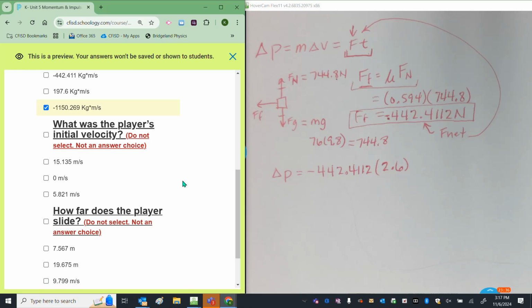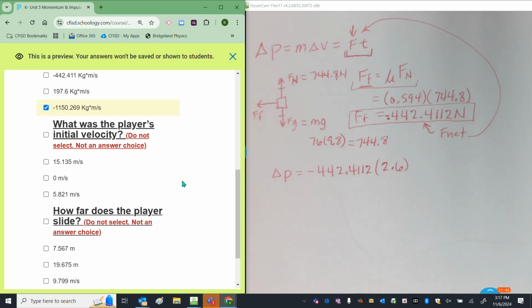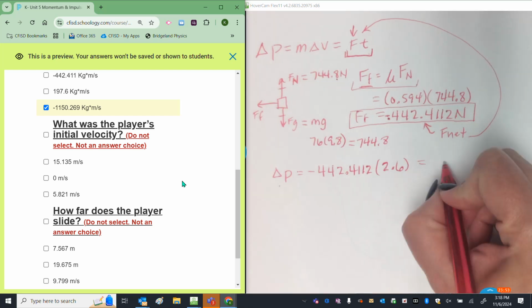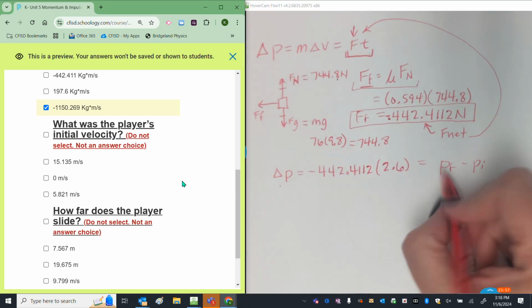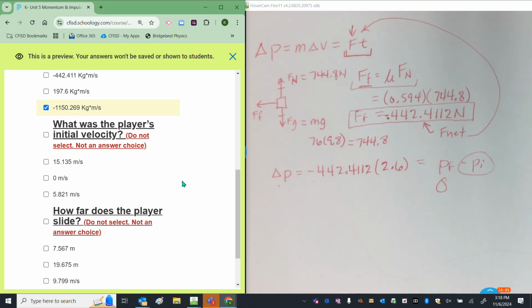What is the player's initial velocity? Okay, so we have our change in momentum. We know that his final velocity is 0. So if we want his initial velocity, okay, well then that means this change in momentum is equal to his final momentum minus his initial momentum, but his final is 0. So this whole thing is equal to his initial momentum.